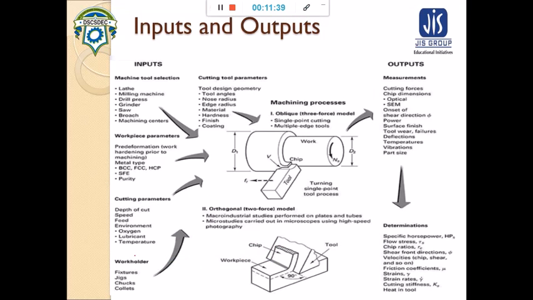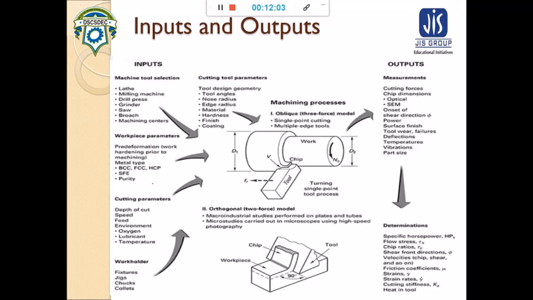Now what are the inputs? I have said that there are various inputs and various outputs from a machining operation. In this picture, a complete idea of the inputs and outputs is given. First, the machine tool is an input.